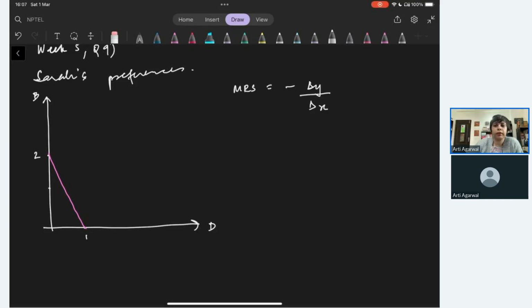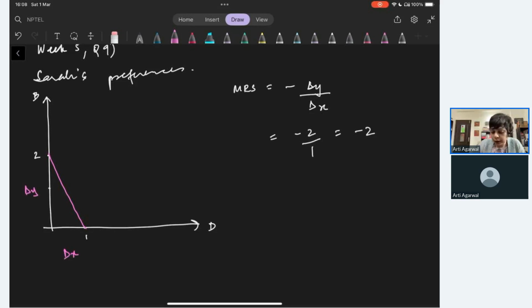You can also write it in terms of marginal utility, or in terms of how much you're substituting one for the other. So MRS here becomes minus 2 by 1, which is just minus 2. This is for Sarah. I'm just showing the difference here. I'm not drawing the entire indifference curve mapping. I'm just marking delta y and delta x.